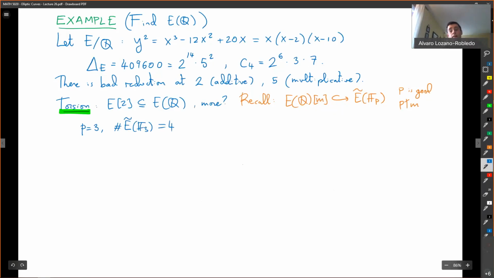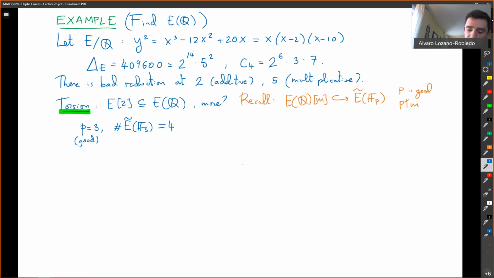What does that say? That says, well, 3 is a good prime. Okay, so 3 is a good prime, a prime of good reduction. So all the prime to 3 torsion would embed into this group, but we have, well, the 2 torsion already fills that up, so that's it. So there is no other points.